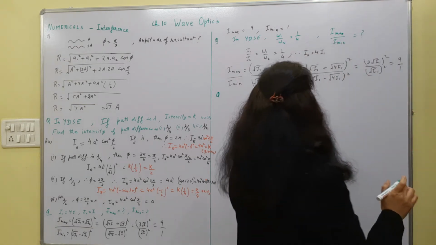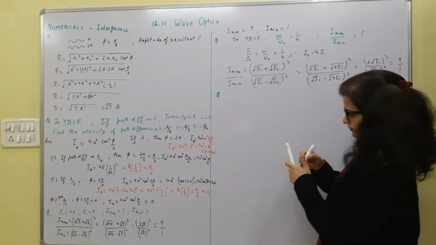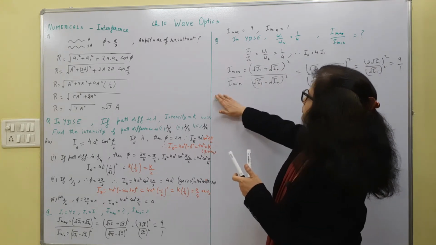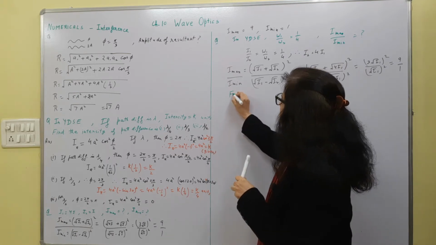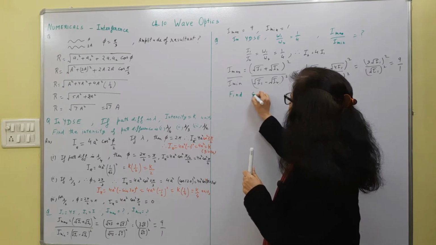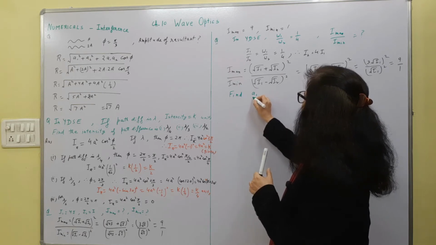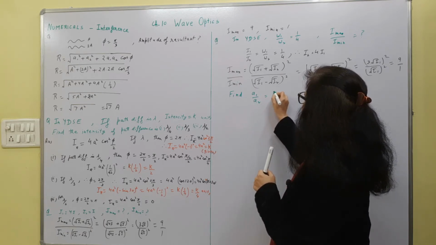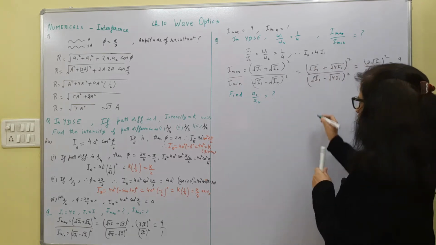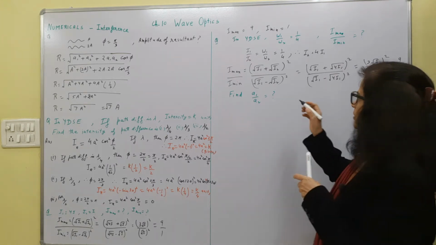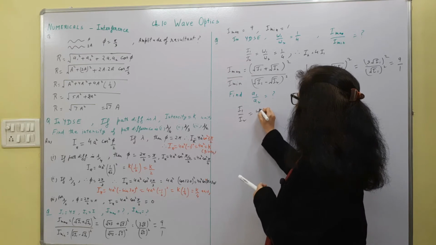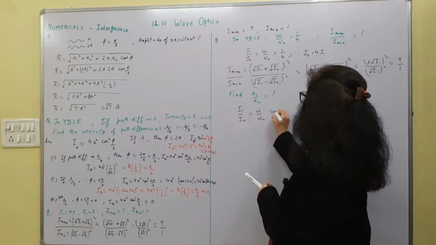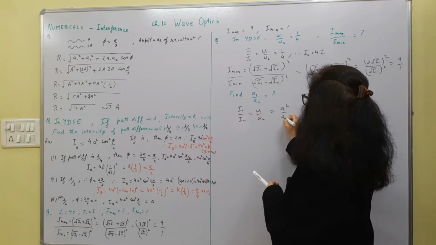Here in this case, if you want to find the ratio of A1 upon A2, you can find that also. We know that I1 upon I2 is equal to W1 upon W2 is equal to A1 square upon A2 square.